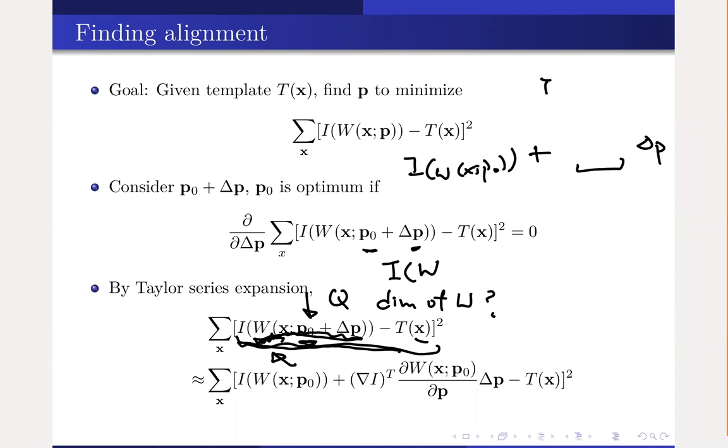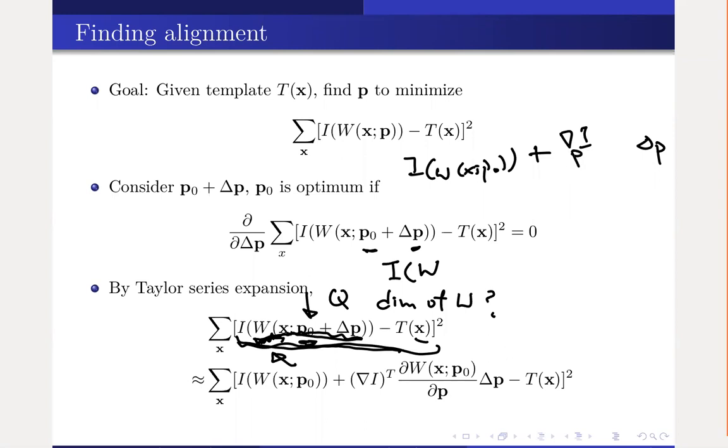This should be the so-called Jacobian, or wait a sec. Actually, this is not yet a Jacobian. I guess I can just do it as a gradient. So this is the gradient of I with respect to P, right?